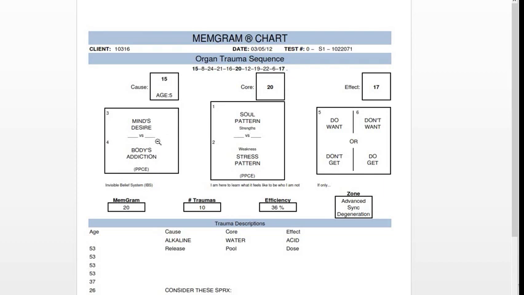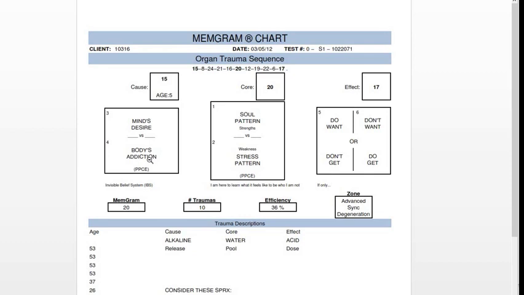Now, if we move to the cause dichotomy, what organ is in your cause? The left big box is the cause dichotomy, represented by your mind's desire versus your body's addiction.